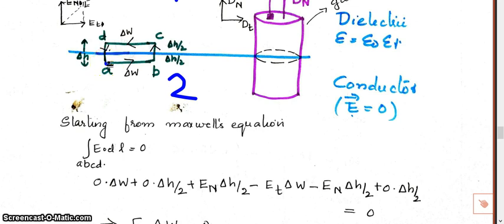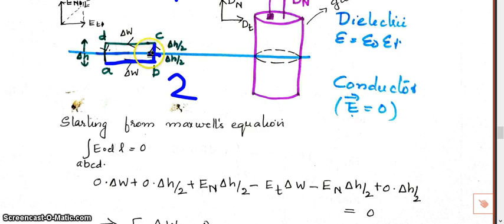Now start moving from A to B. What is the total electric field? This AB is lying in the second medium, which is our conductor, and the electric field is 0 there. So there will be no electric field across AB. Now moving towards BC. BC is a perpendicular line, and half of BC lies in the second medium and the remaining half in the first medium.